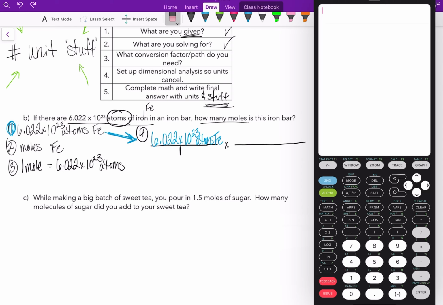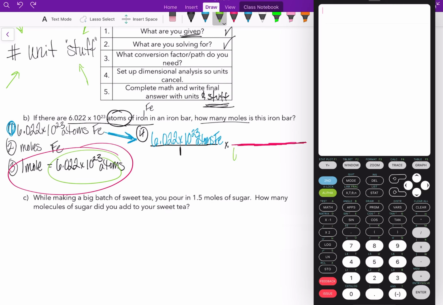In order to figure out what goes in this second fraction, you're going to look at your conversion factor. So this conversion factor will end up right here. That is going to be your conversion factor: 1 mole compared to 6.022 times 10 to the 23rd atoms. So atoms is going to go on the bottom because that matches our unit up top.